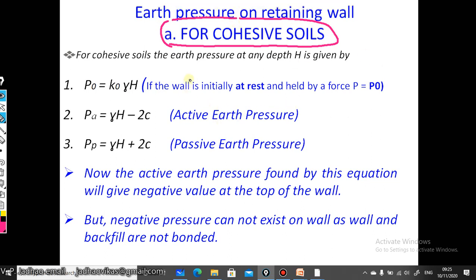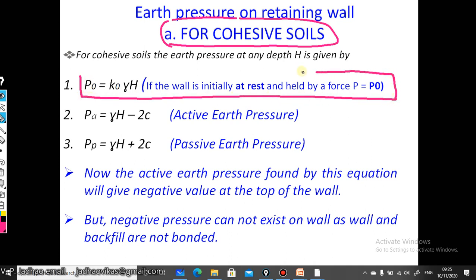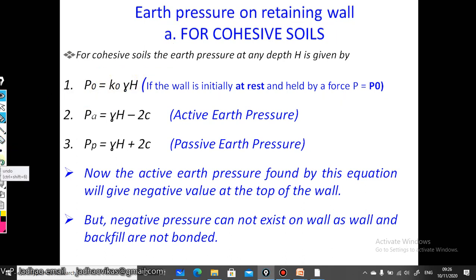Therefore, considering the material properties, if your retaining wall is at rest, then the pressure intensity is given by K0 into gamma h, where K0 is the coefficient of earth pressure at rest.